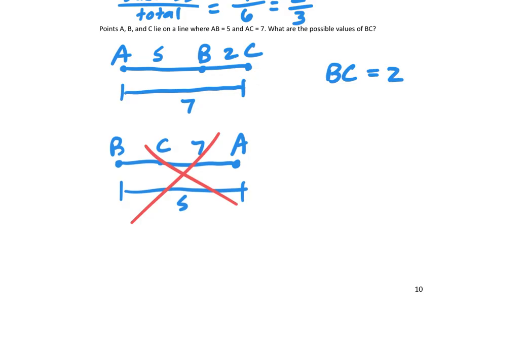A. Okay. So let's go B, A, C. Here we know that AB is 5. We know that AC is 7. And we're looking for the length of BC.